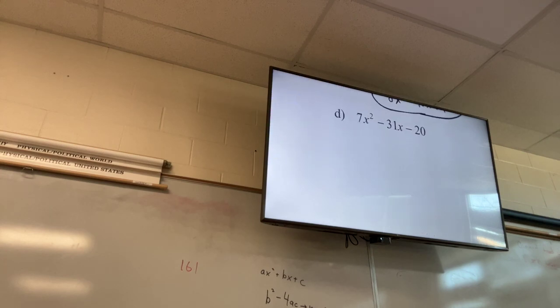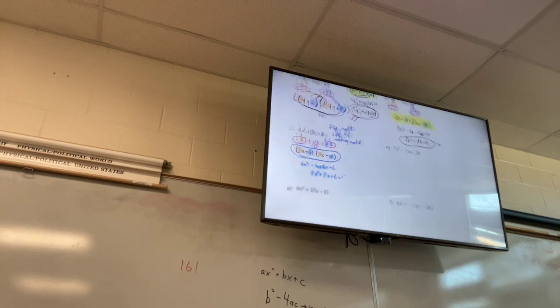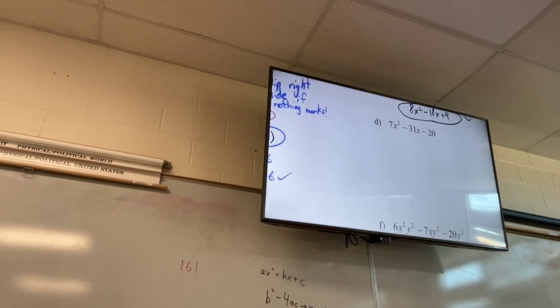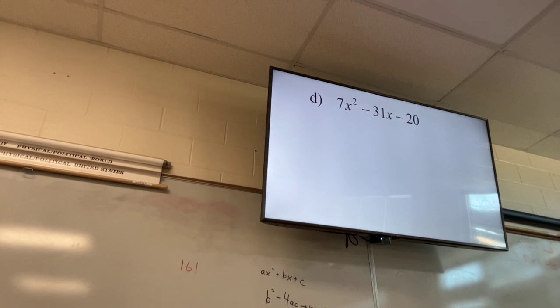Part D. Hopefully this one will be a better example. Sorry about that. Okay. What do I check for first? What's the first step? GCF, right? Is there a GCF? No, so I'm going to draw my parentheses. Then what's my next step?